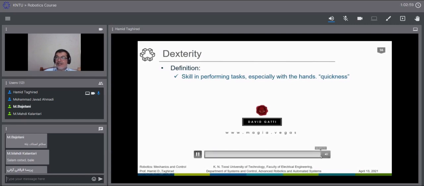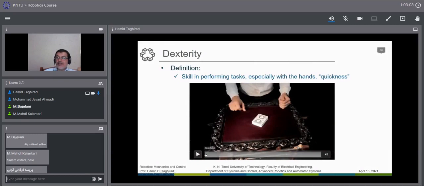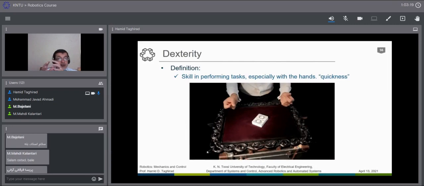If you look at the movie in detail, although it seems like it is mixing the cards, it doesn't mix the cards at all. It just moves the hand so quickly that you think that it is mixing the cards.